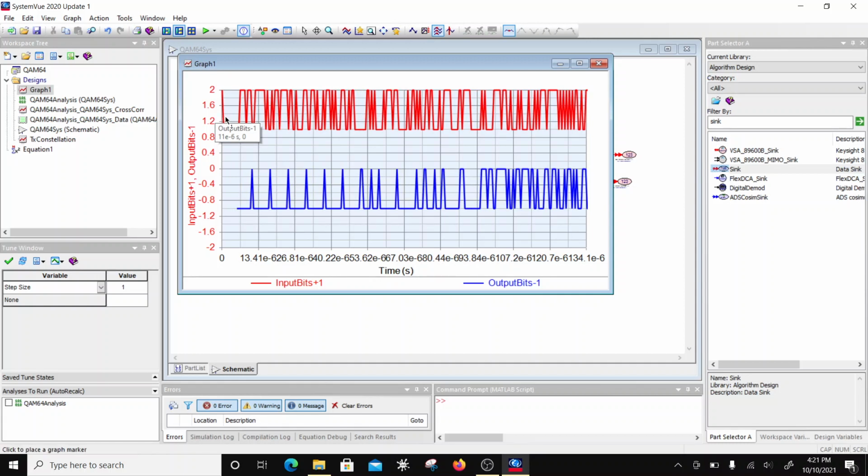So I'm going to delay the red one to an extent that it is going to find the correlation. So if you can see over here, this is basically the delay. So this is the start of the input bits, but over here this is the start. So once I put the delay, this is going to align with this one here.